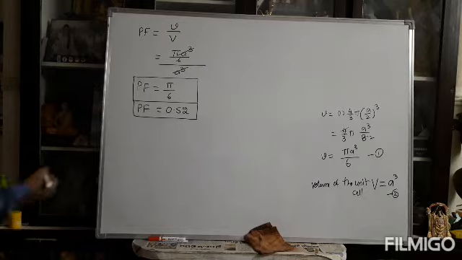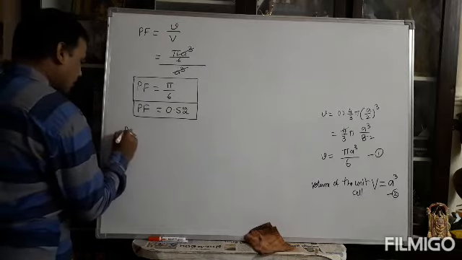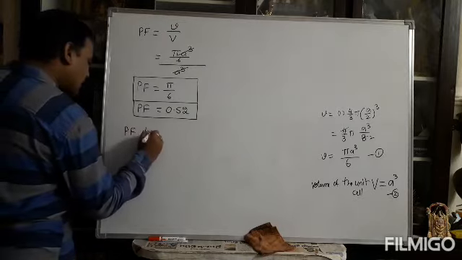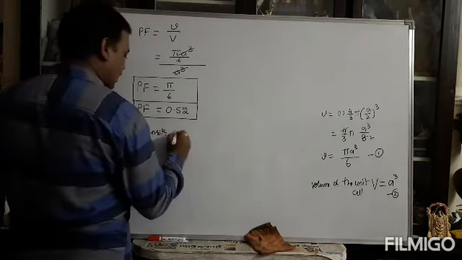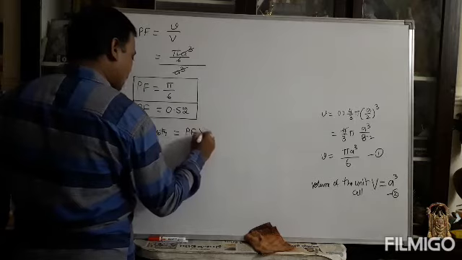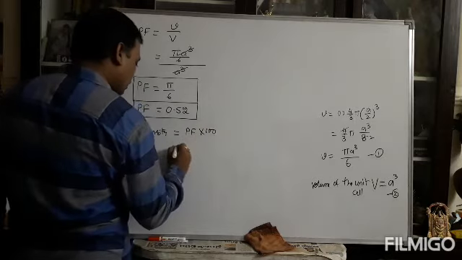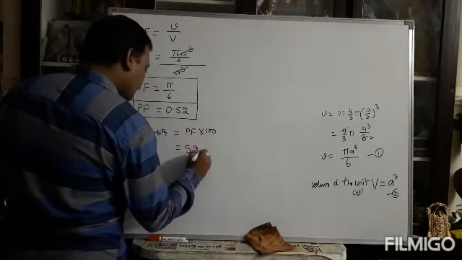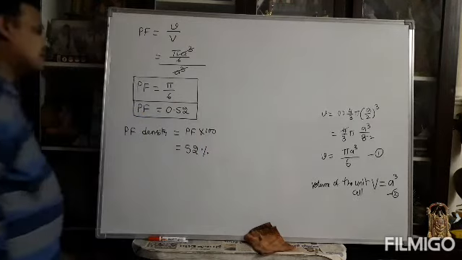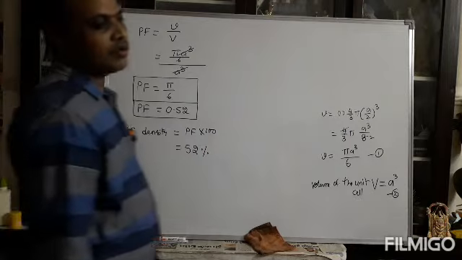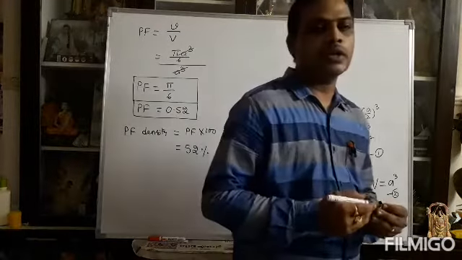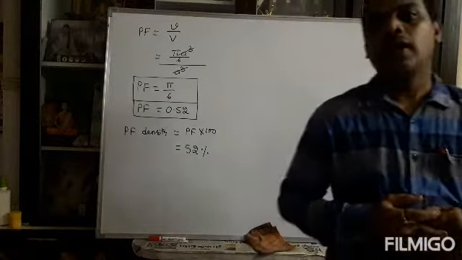So what is the next quantity you can calculate? Packing factor density. Packing factor density is nothing but packing factor into 100, so we get 52%. The density of the packing factor is 52%. Out of 100% of the volume, only 52% of the volume is occupied by atoms.